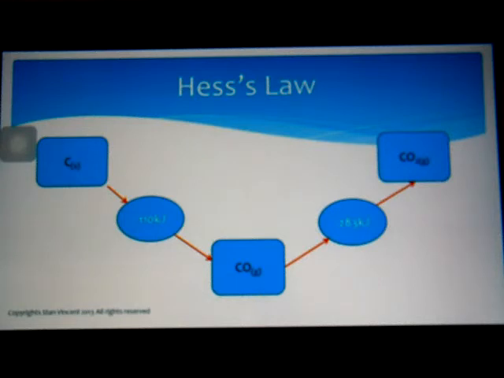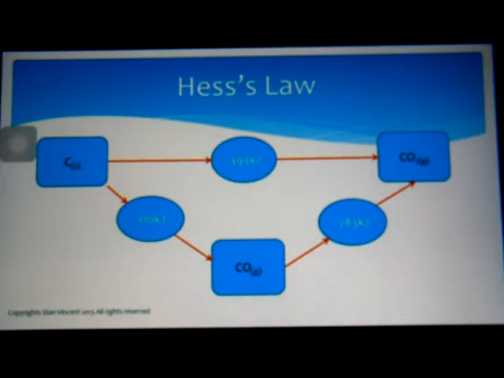We also know that you can convert carbon directly to carbon dioxide in a single step with an excess of oxygen. And the energy change for that reaction is going to be minus 393.3 kilojoules. Now if you add minus 110 and minus 283, that gives you minus 393. So it shows us the algebraic addition of enthalpy changes during chemical reactions is true based on Hess's law.